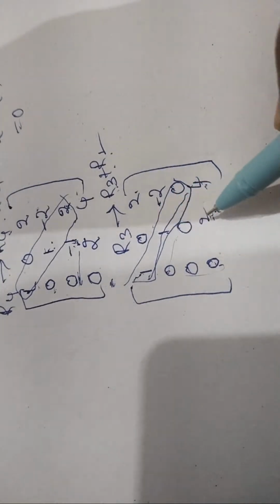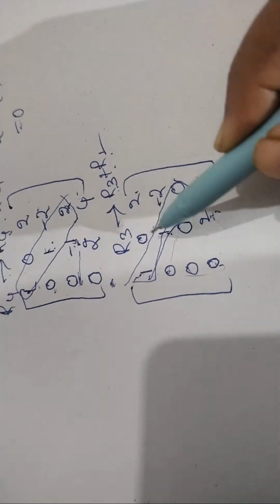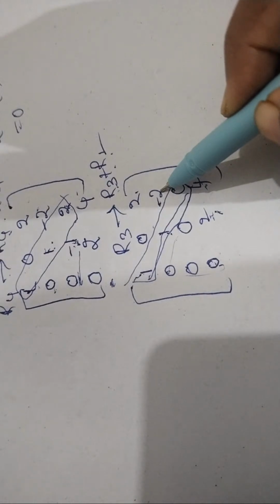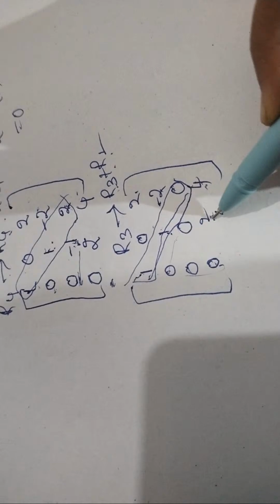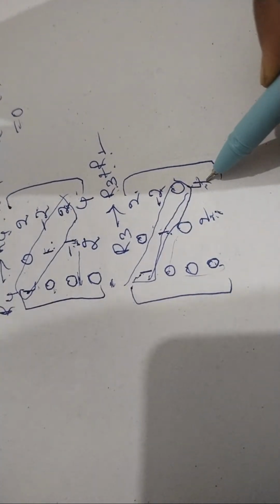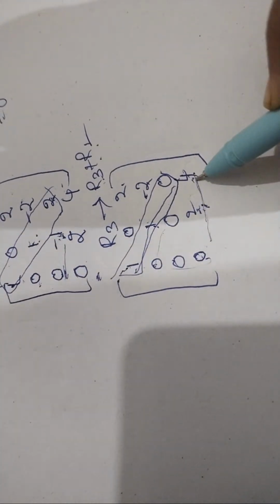How it becomes 0? If it is multiplied with 2, 2 minus 2, 0. And when multiplied with 2, it will become minus 4. So when we subtract these two, it is 0. But when we subtract these two, it's not 0. Means there is no chance to make this row as zeros.